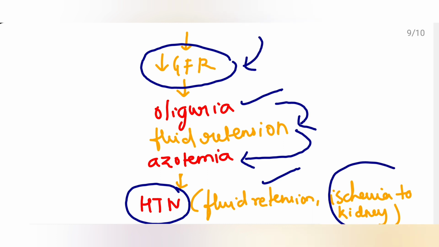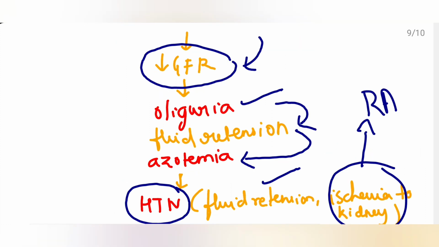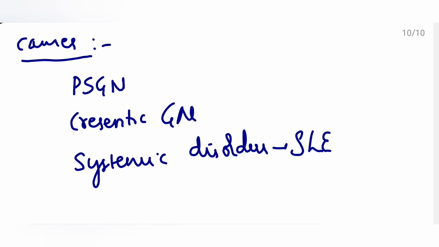There is ischemia to the kidney which augments renin-angiotensin. So as a result, there is hypertension. These are the features in nephritic syndrome: hematuria, non-nephrotic range proteinuria, oliguria, azotemia, and hypertension. The causes here are post-streptococcal glomerulonephritis, crescentic glomerulonephritis, and various systemic diseases such as SLE.